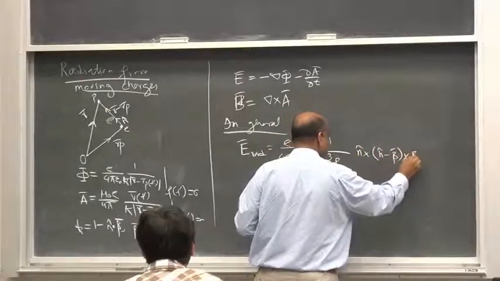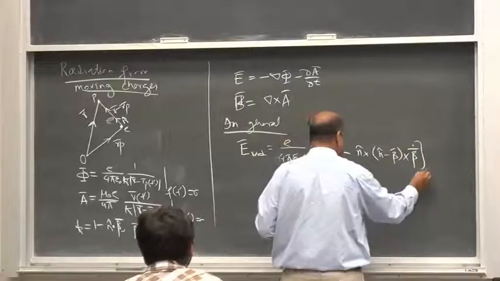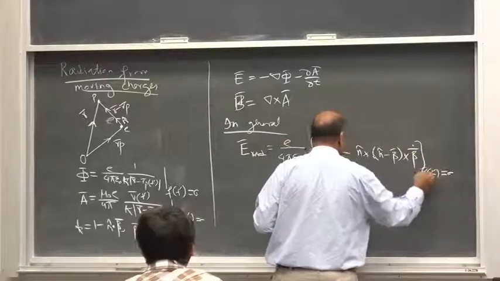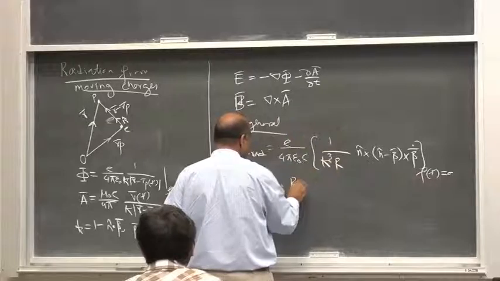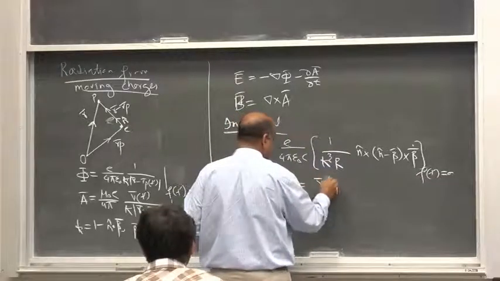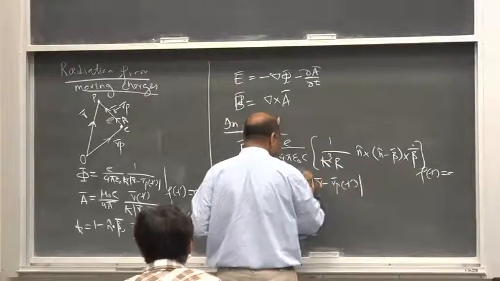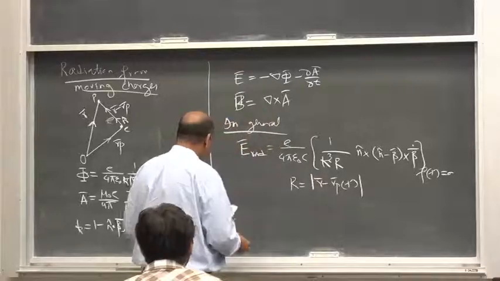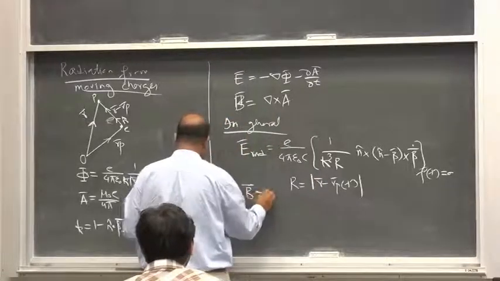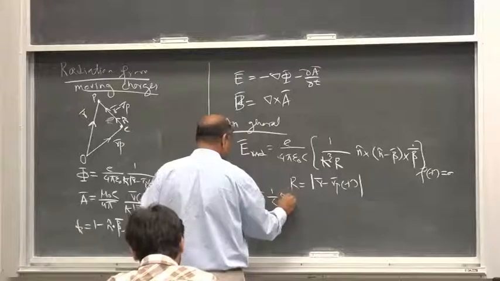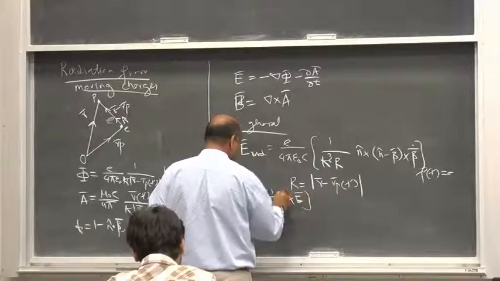I'm just recalling what we already have, where this R is a shorthand for this quotient, and B, as we saw, is n cross E.